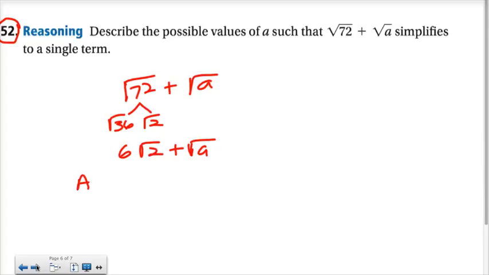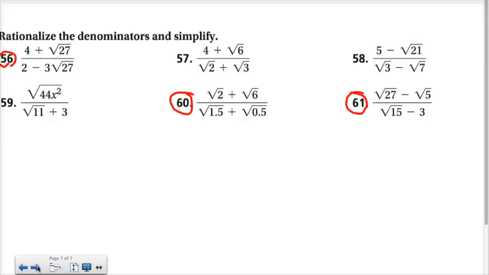So any perfect square times 2 is what a could be, because that will make it break down into some integer times the square root of 2. And that's what we would need in order to get one term. That's what would have to be added there.